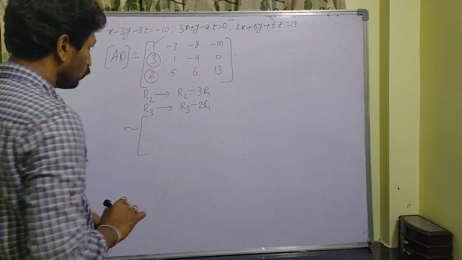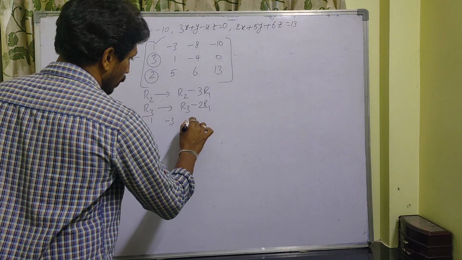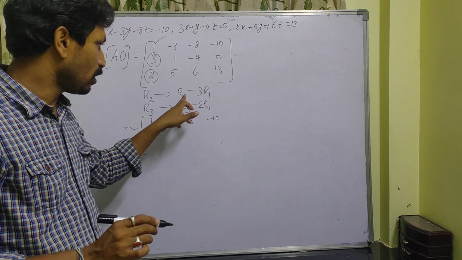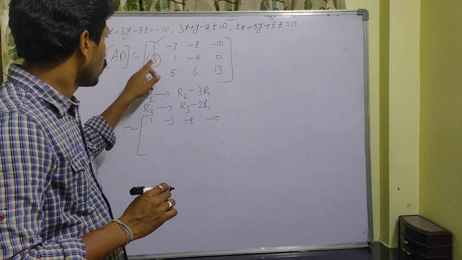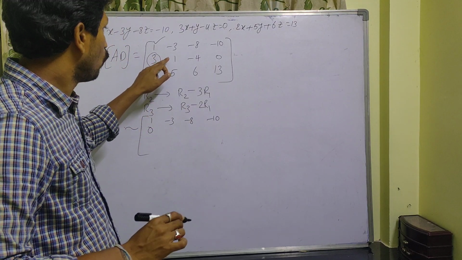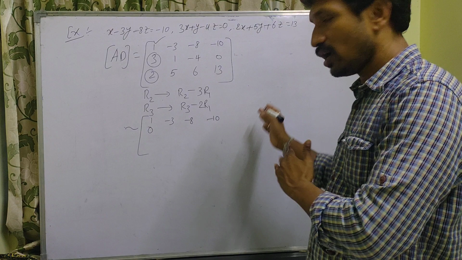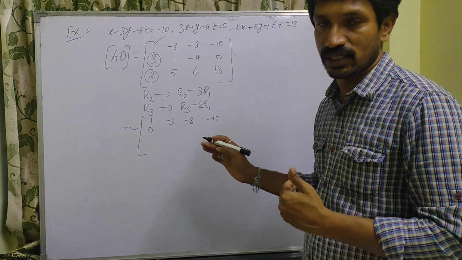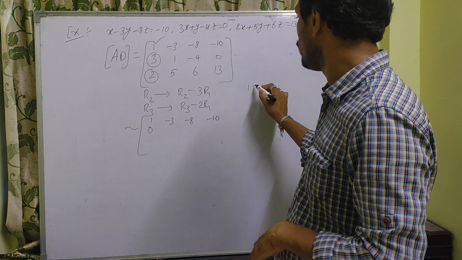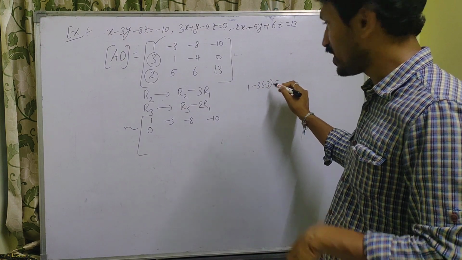This is equivalent to, so here the first row is not going to change, so write as it is: 1, minus 3, minus 8, minus 10. The second row is going to change, so use this operation R2 minus 3R1. R2 means 3 minus 3 into R1, 3 into 1, that is 3 minus 3, 0. Next, 1 minus 3 into minus 3. If you have any confusion, write in the rough margin and simplify, so you don't make a mistake. So that becomes 1 plus 9, that is 10.